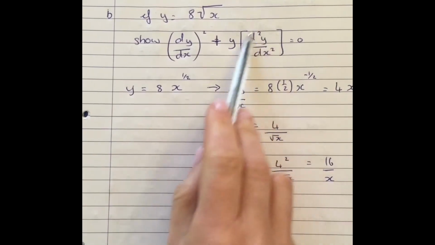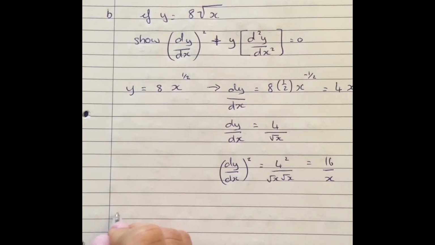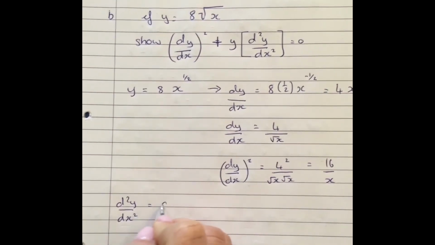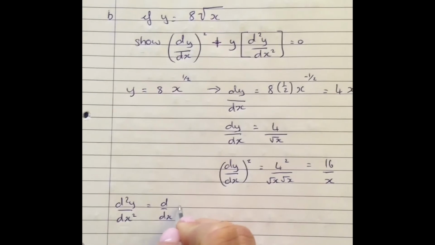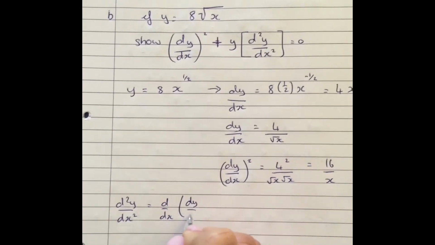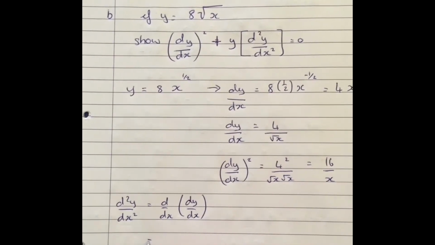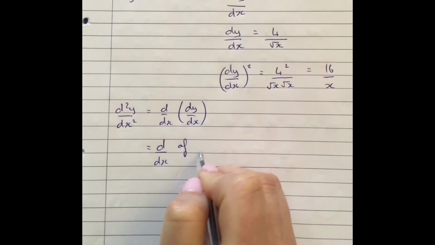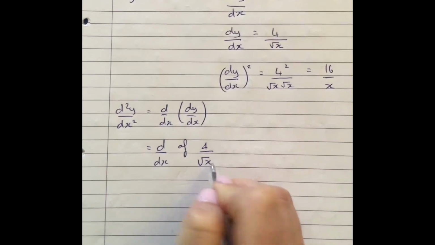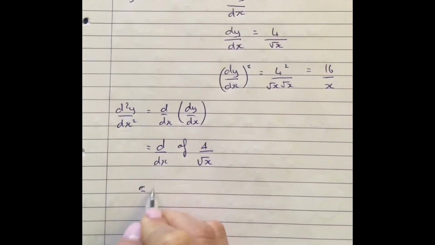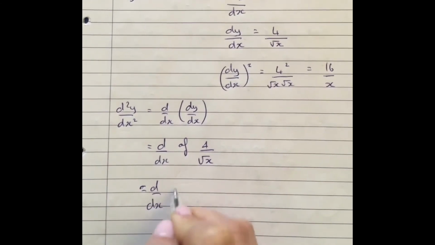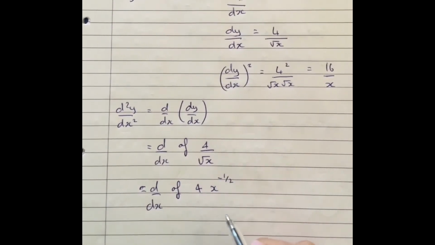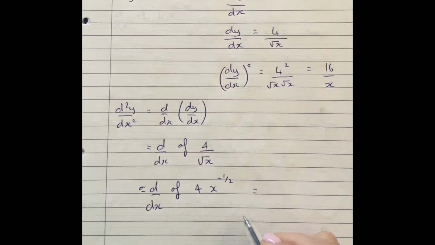For the second part of the question, I need d2y by dx squared, which is really d by dx of dy by dx, which means I'm finding d by dx of 4 over root x. That can be written as 4x to the minus a half. The same thing happens.